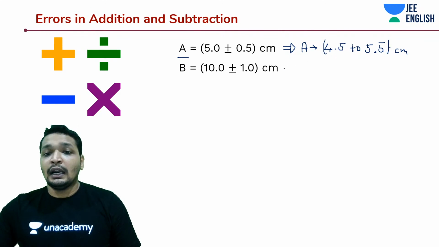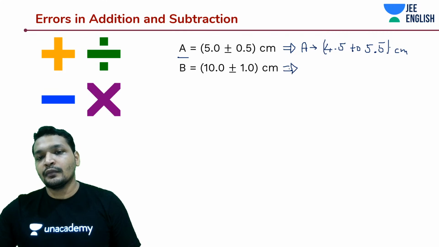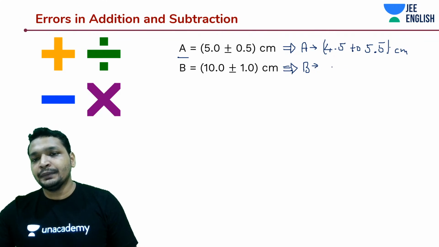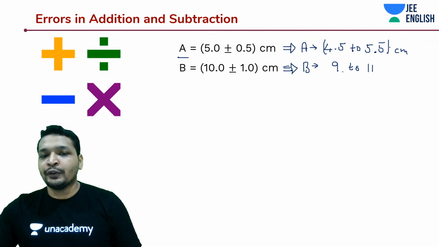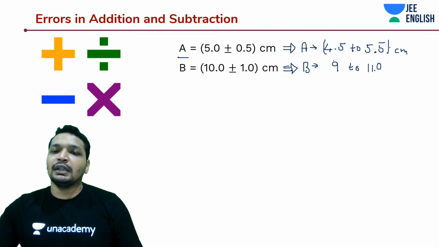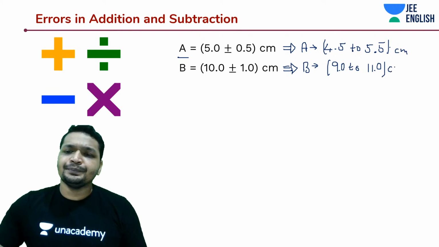right? And how about B? B can lie between 9.0 to 11.0 centimeter, right?